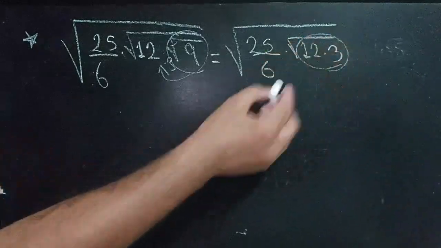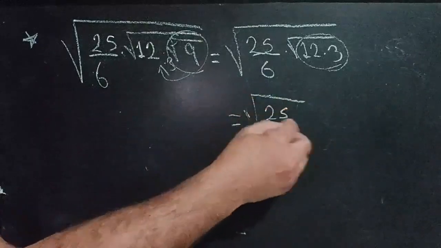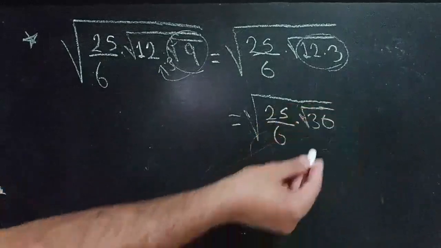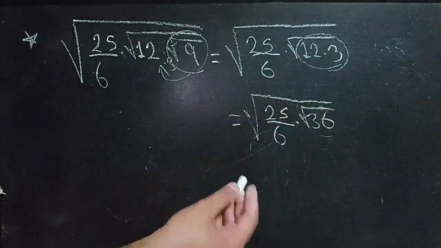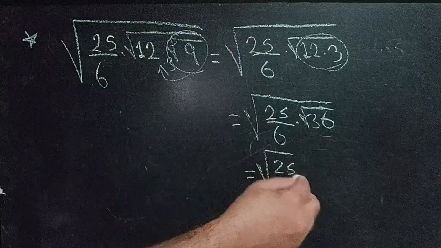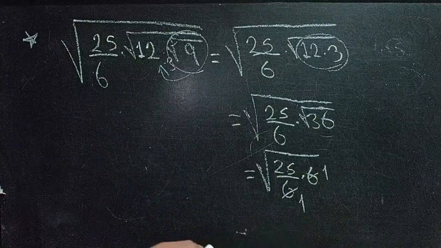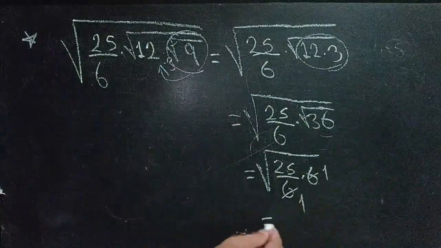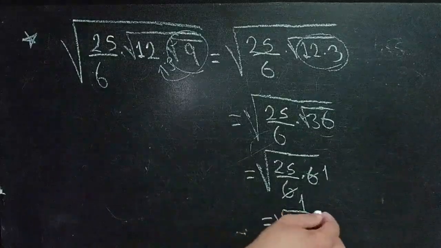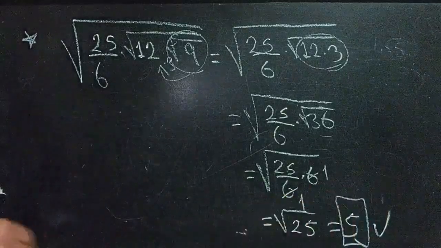So this part is going to be square root 36, which is going to be 25 over 6 times square root 36, and 36 will come out as 6, right, which is going to give me square root 25 over 6 times 6. So this and this simplify to each other. That will be square root 25, and square root 25 will come out as 5. That will be my final answer.